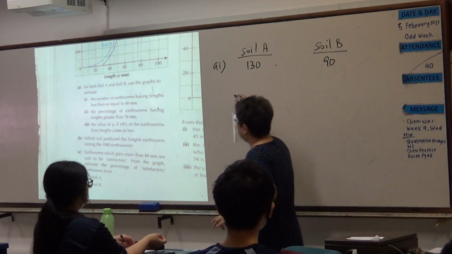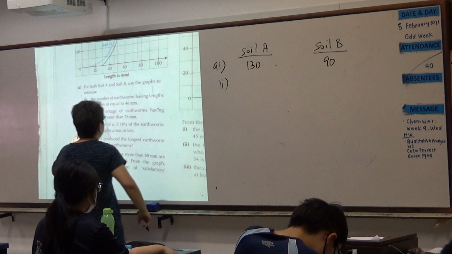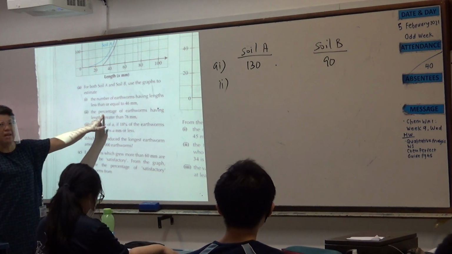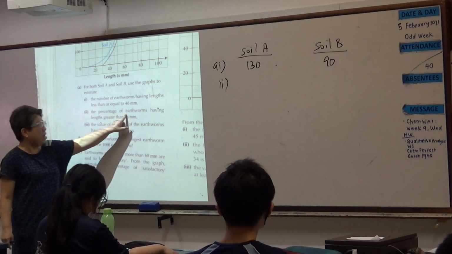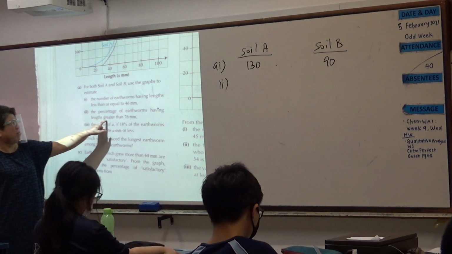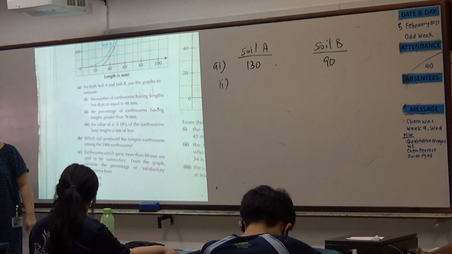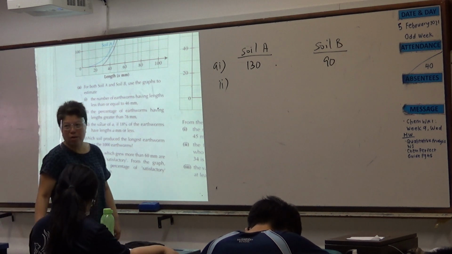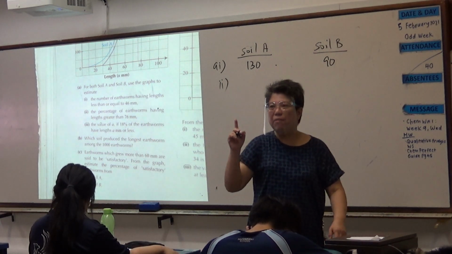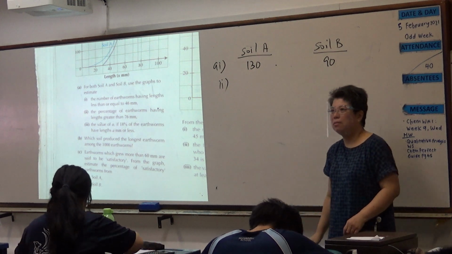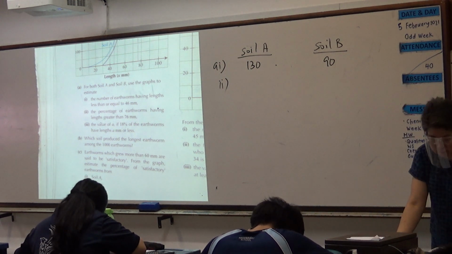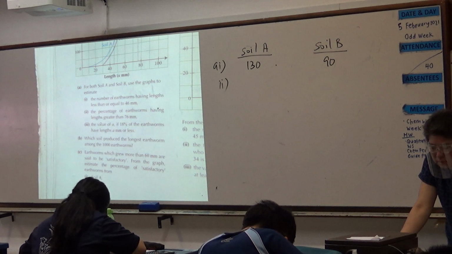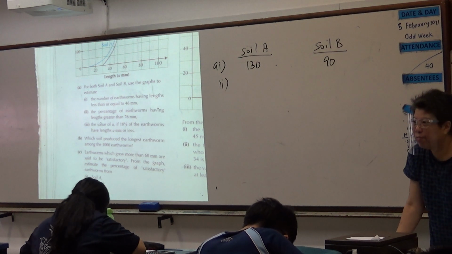Now part 2, what did they say? Hold on, this is important, all of you look here. They want the percentage of earthworms having lengths greater than 76 mm. Understand? I want you to look at soil A first. At 76 mm, look at 455.